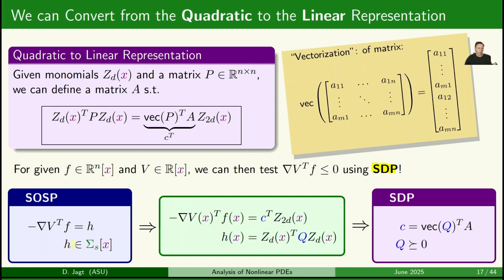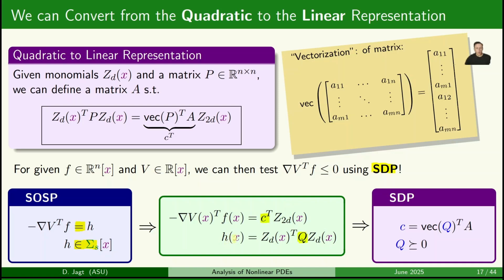So for example, if we have our SOS program here, we require h to be a sum of squares polynomial, and we require this function h to be equal to this negative derivative of our Lyapunov function, then we can parameterize our function h here in the quadratic representation by some matrix decision variable Q, and we can compute the coefficients c defining the derivative in the linear representation.